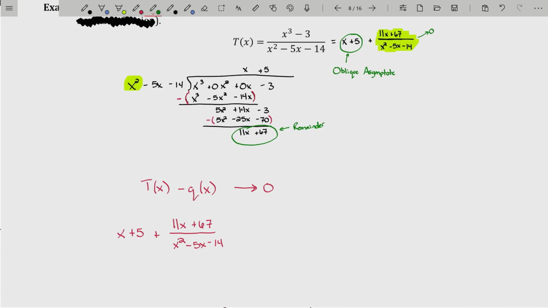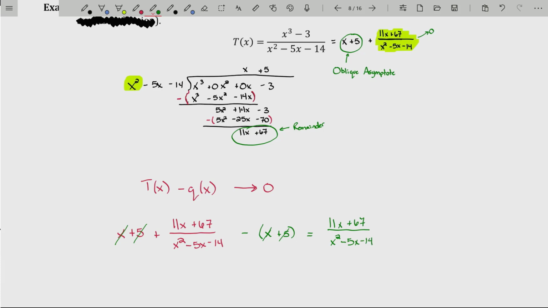If you subtract off what we think the slant or oblique asymptote is, well, do some simple mathematics. x minus x cancels, 5 minus 5 cancels. This is going to be 11x plus 67 over x squared minus 5x minus 14, and that approaches 0 as x goes to plus or minus infinity.